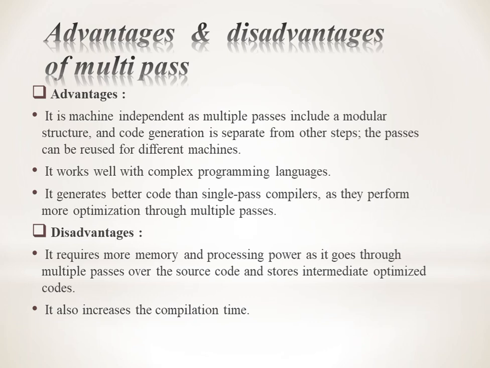The single pass compilers are faster and more compact for smaller programs. If we have a small program, then we can go through the single pass compiler. But it has limitations in optimization and grammar complexity.